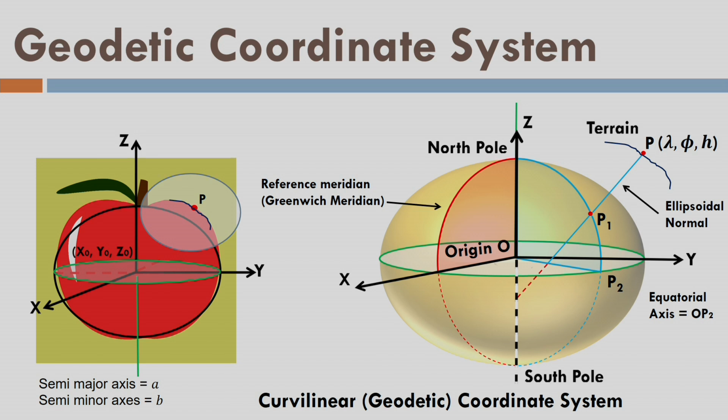Now this angle, which I have just shown by animation, is the angle between the reference meridian and the observer's meridian, and this angle is lambda. Once again I repeat this, let us see. This is the angle between the reference meridian and the observer's meridian, and this angle is called lambda or longitude.